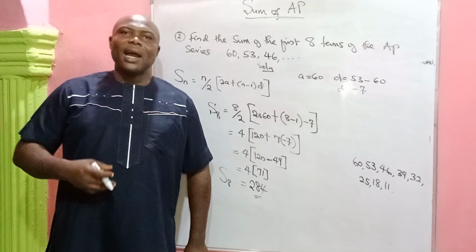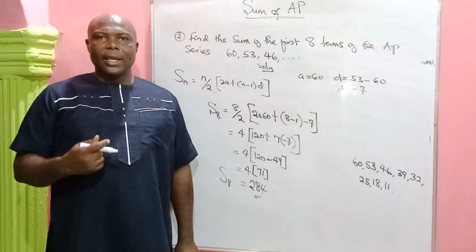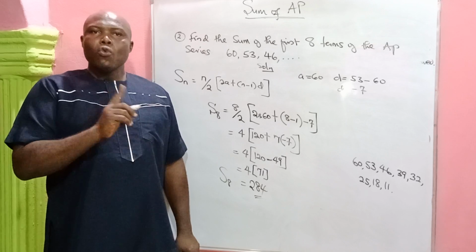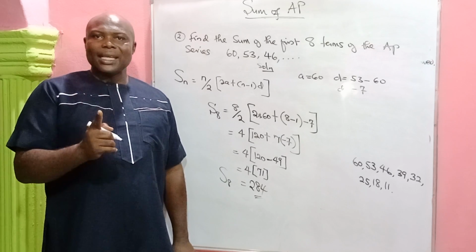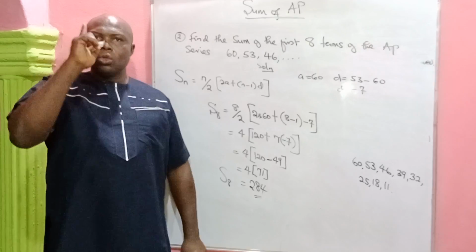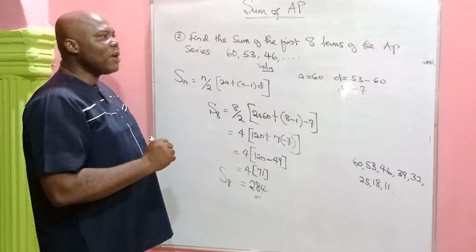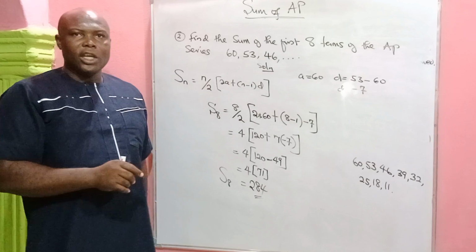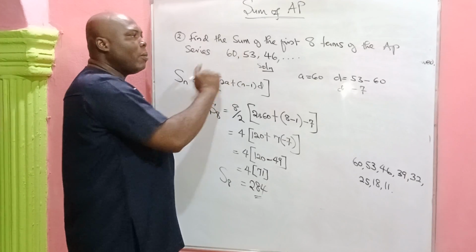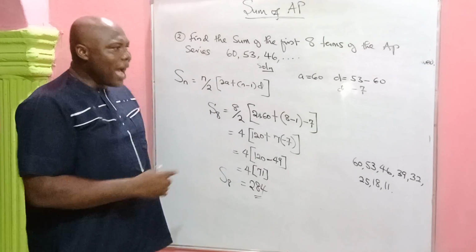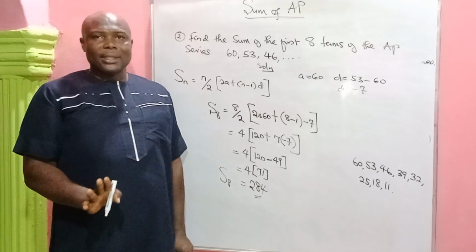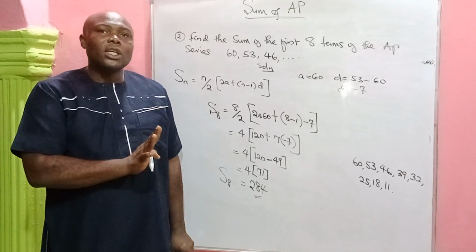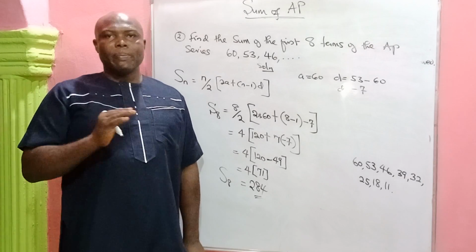Whenever you're asked to find the sum of the n terms of an AP series, you either use the first formula, which involves when the first term, the last term, and the number of terms are given. So you use the first formula. But if you're asked to find the sum of the n terms of an AP series where you can get the first term and the common difference out, you have to use the second formula. It is that simple to apply, and I believe after now there's no question that will come on sum of AP that you won't be able to solve.